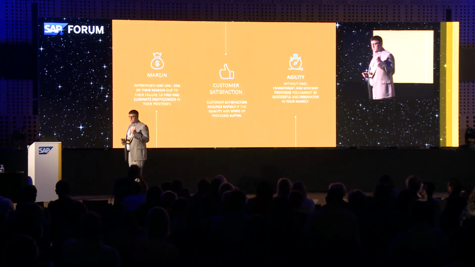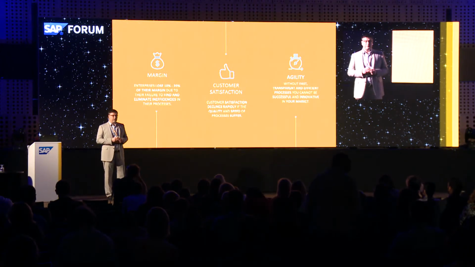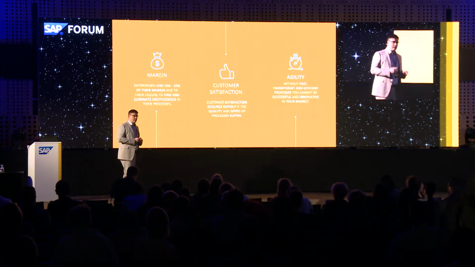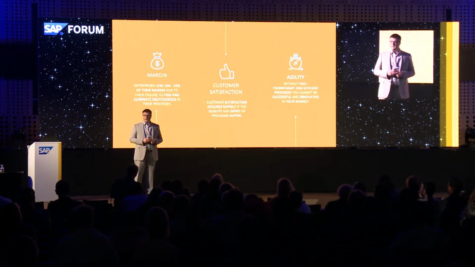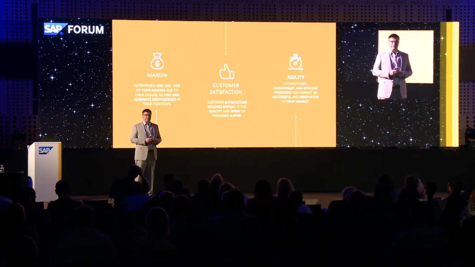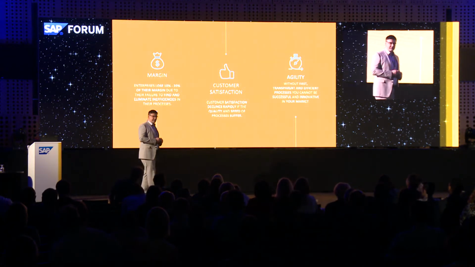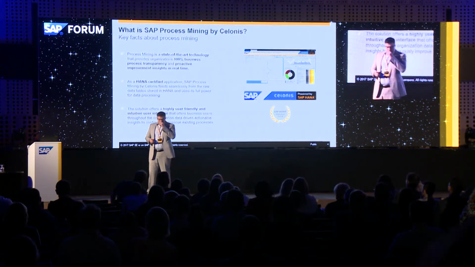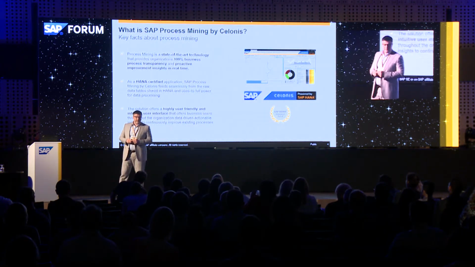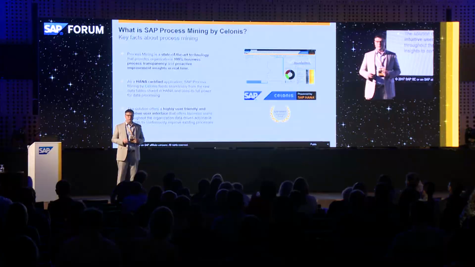Today I will not just do slides, I will also show you a demo, which will give you an overview of what the system actually does and how it provides you 100% transparency in your business processes. And I'm not exaggerating, it's really 100% transparency. So we are talking here about the SAP process mining by Slovenija product. What is it?